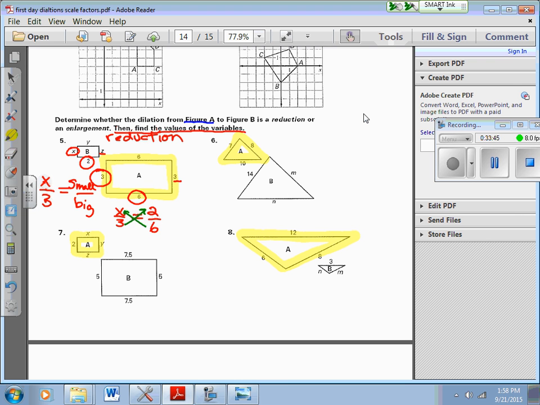You notice that 6 is going to multiply with x. That'll give me 6x equal to 3 times 2, which is 6. Divide by 6 to solve for x. x equal to 1. Did we finish all of them?